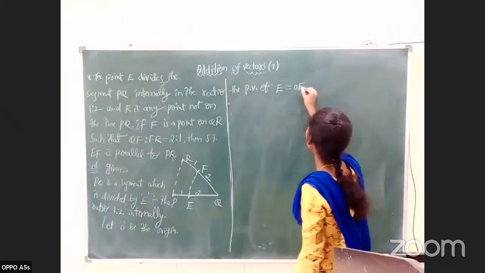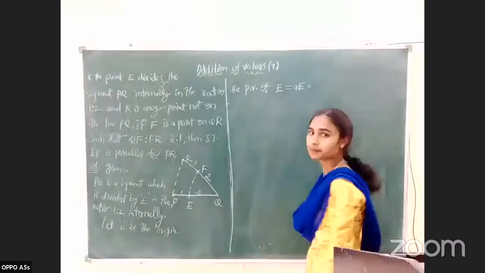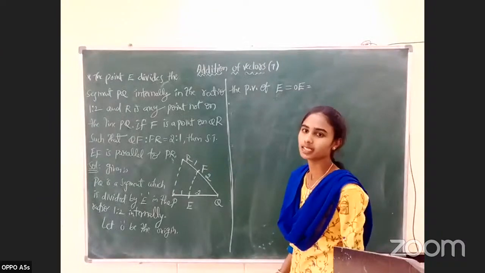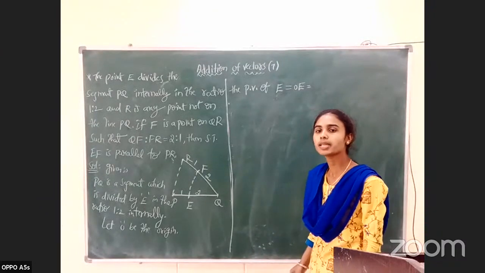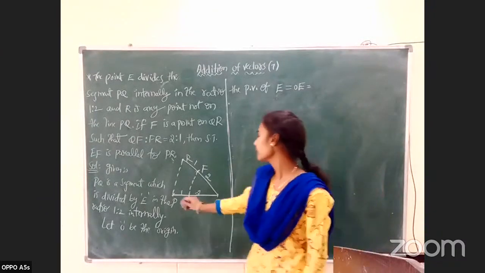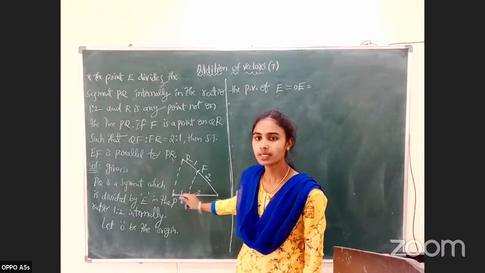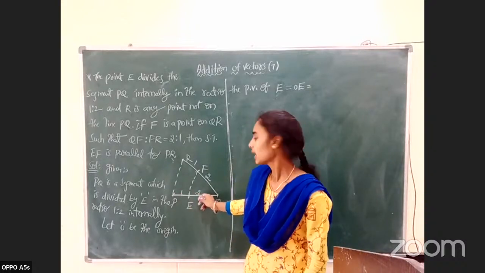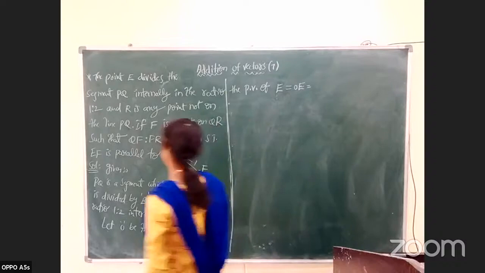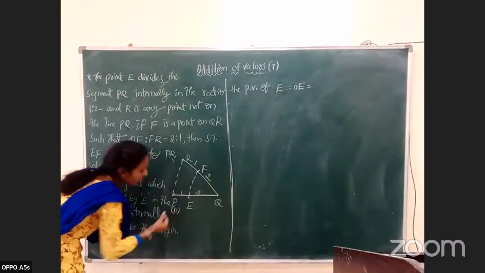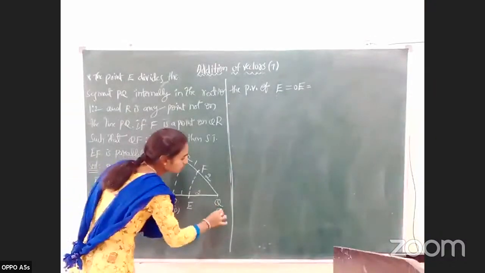Then OE is equal to what? The formula is (mB plus nA) by (m plus n), where m and n are 1 and 2. M is 1, n is 2. And the position vector of P is treated as small p, and the position vector of Q as small q.